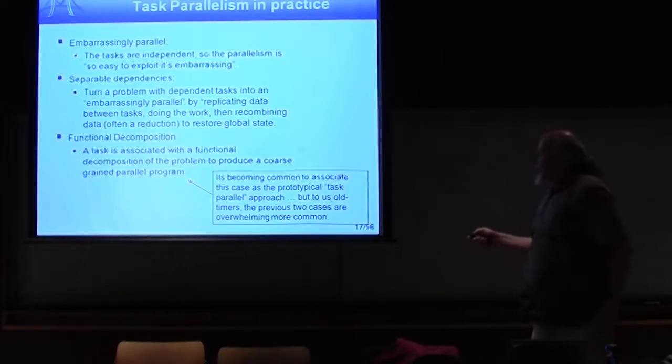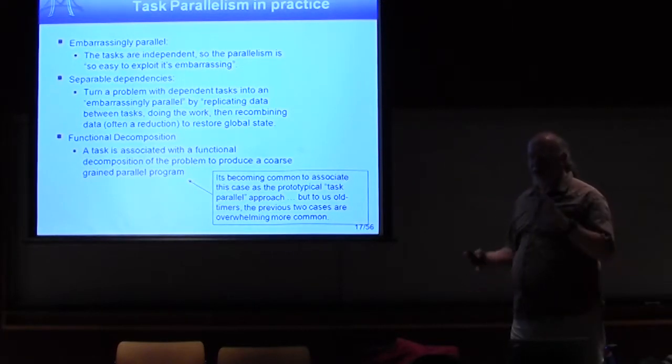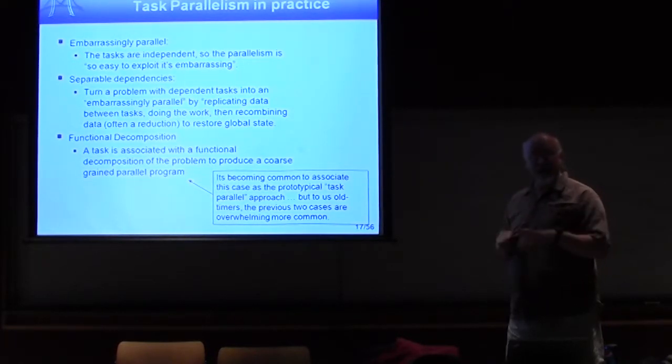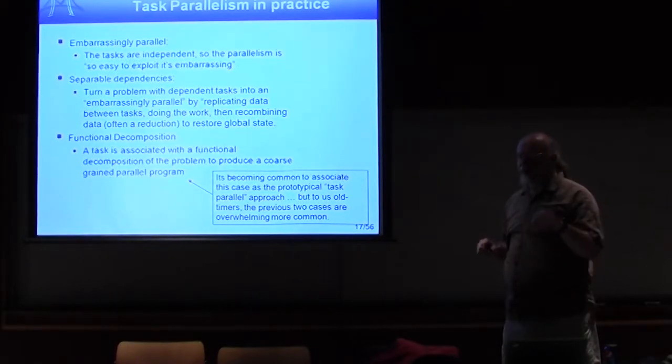Now, the next thing is separable dependencies, where it's not embarrassingly parallel because there are some dependencies, but we can duplicate the data in such a way that once we duplicate the data, the computations can all act as though they're entirely independent.